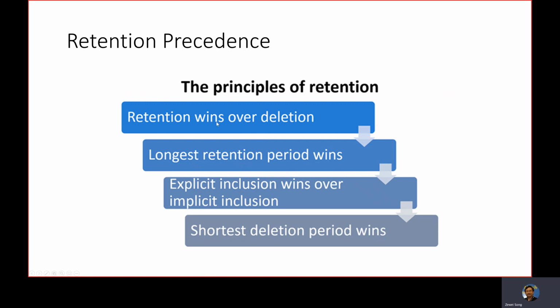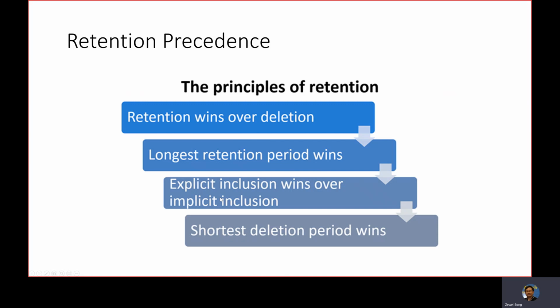This is when you have multiple retention policies applying to the same content, or multiple automated retention label policies applying to the same content. This is how the system will determine which policy will take place. Retention always wins over deletion. The longest retention policy wins over shorter retention policies.